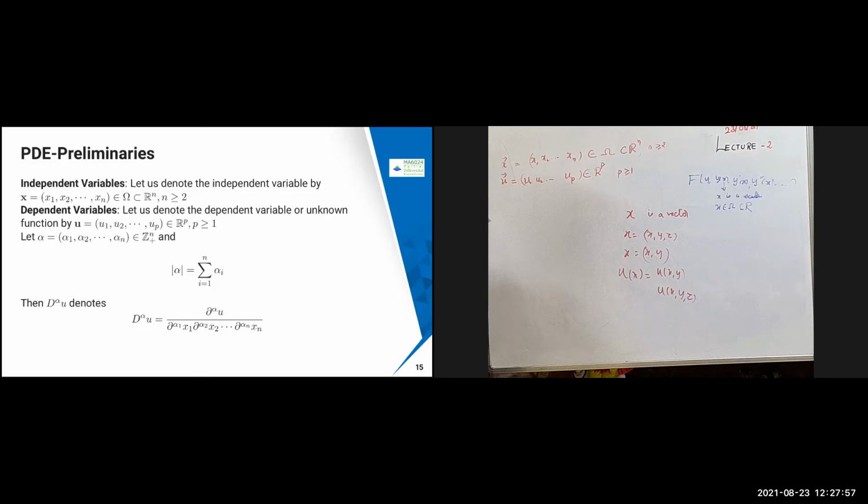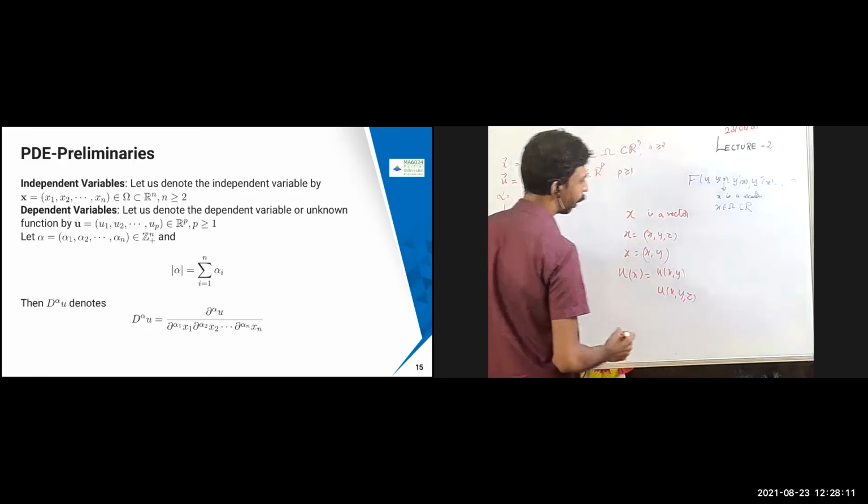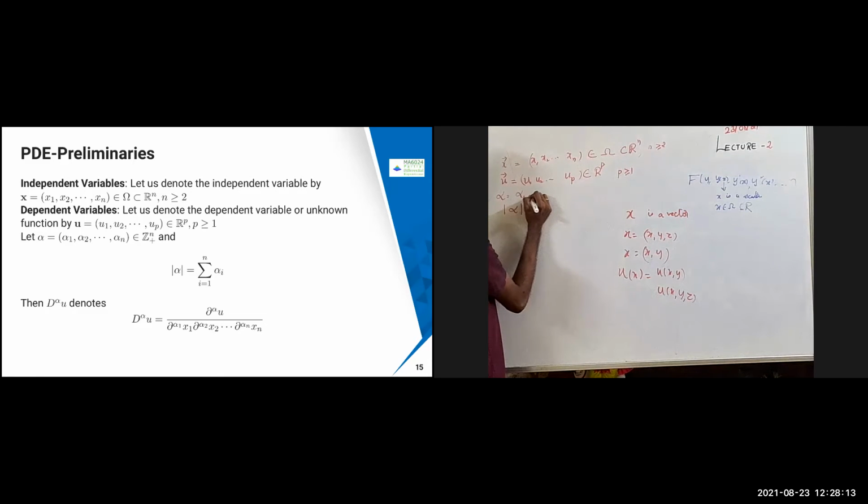Then I'm going to define some indices, that is alpha. What is it denoting? I'm just defining some indices. Alpha equals n variables: alpha 1, alpha 2, etc., alpha n.